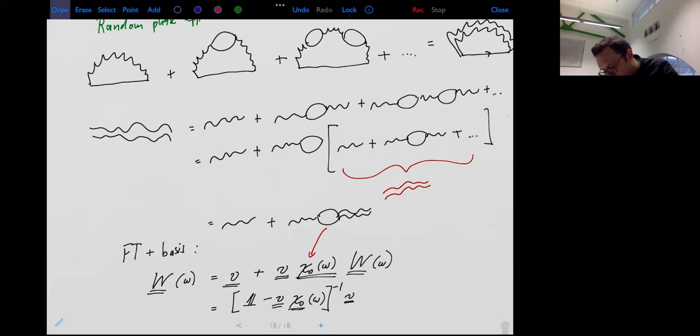Then the stuff in the parentheses is typically called the so-called dielectric matrix epsilon that acts on the Coulomb interaction, right? In simple electrostatics, you would just multiply the interaction by 1 over epsilon.